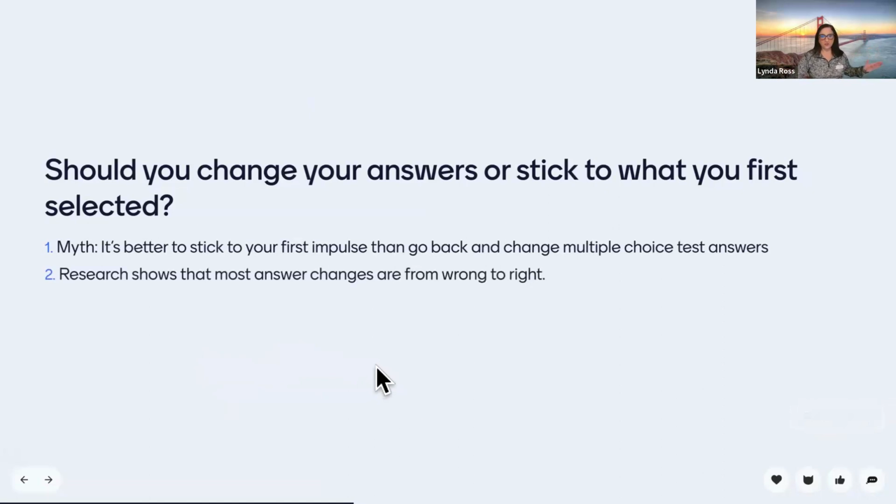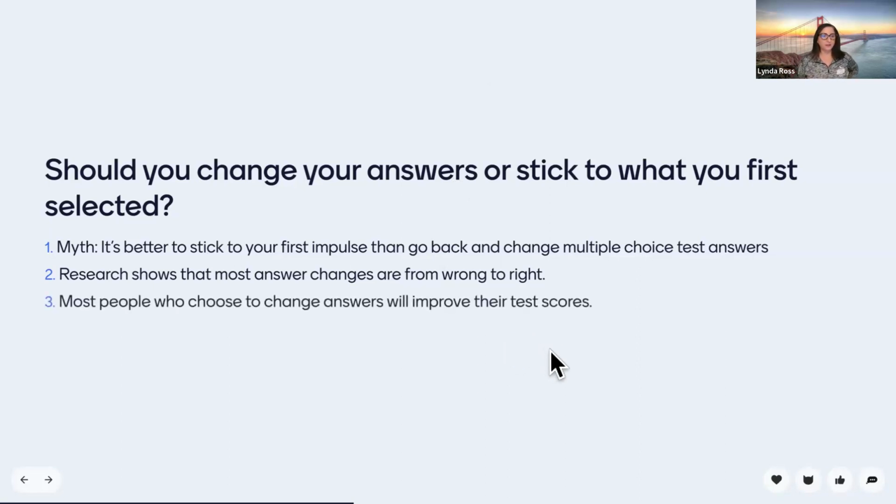Well, there's research, and this research has been around for a long time. What the research has shown is that most answer changes are from wrong to right. So what does that mean? That means that most people who choose to change their answers will improve their test scores. Yes, mind blowing for sure.